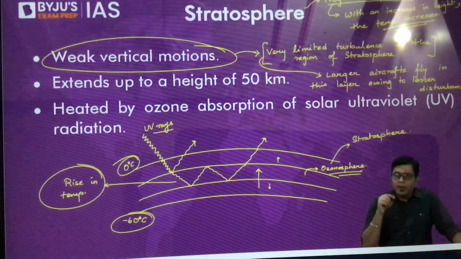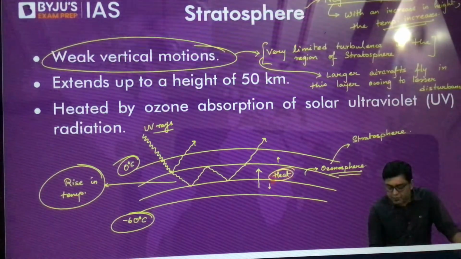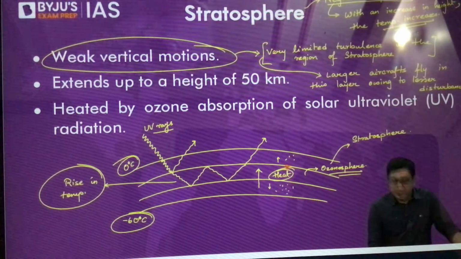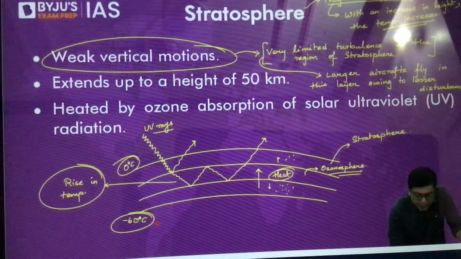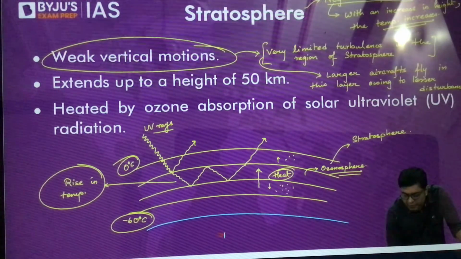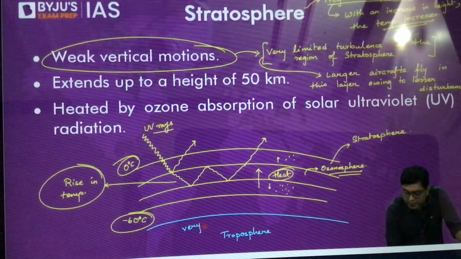Now, think about it: here heat is significantly trapped, and that heat is being supplied to the air nearby as well, right? And the air above it as well. Now, beyond the stratosphere, underneath it, you have the troposphere. In the troposphere, at greater altitude, it will be very, very cold, right?